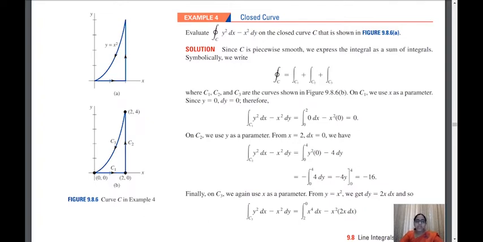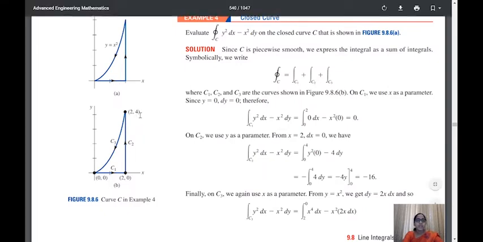So finally we'll consider the curve C3. In the curve C3, you can see that there is variation of both x and y, and it is the curve of a parabola, y is equal to x square. It's clear from the figure. Also, you can note that when x is 2, the y value is 4.